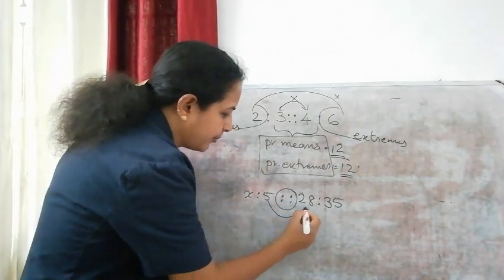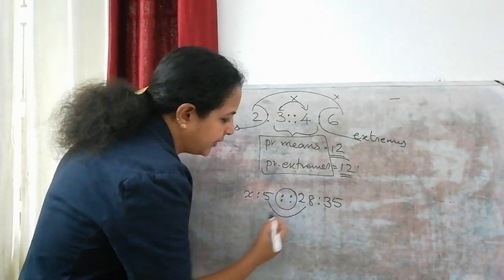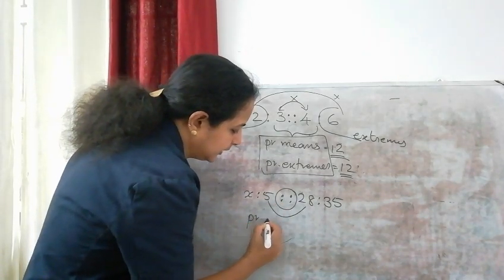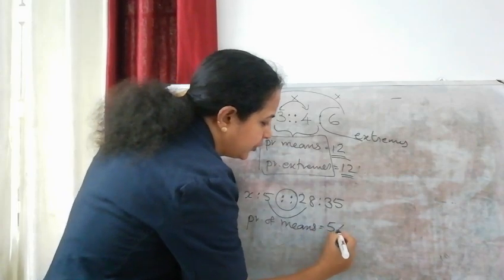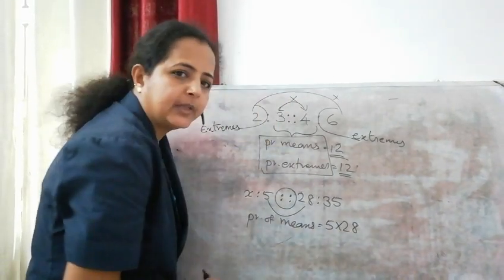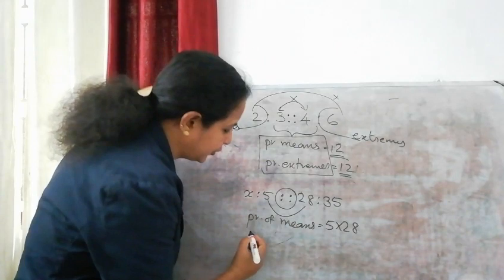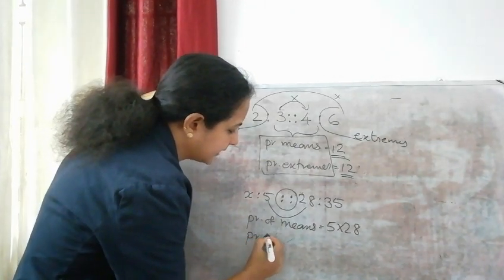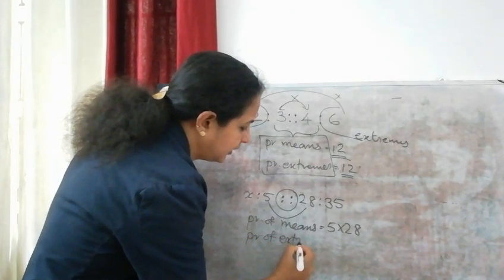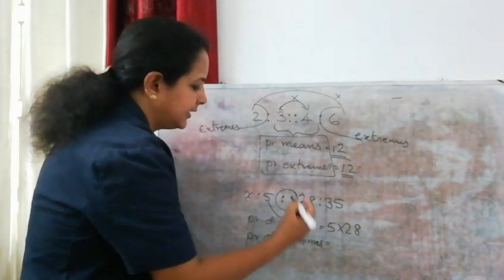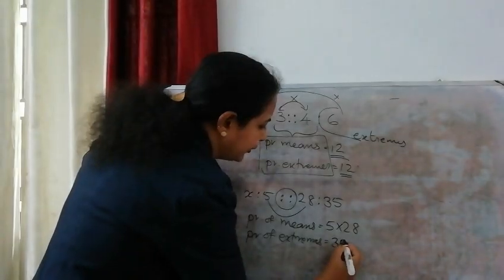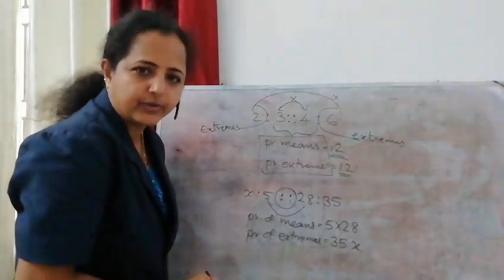So the product of means is 5 into 28. The product of extremes: on one side it is x and on the other side it is 35, so 35 into x is 35x.